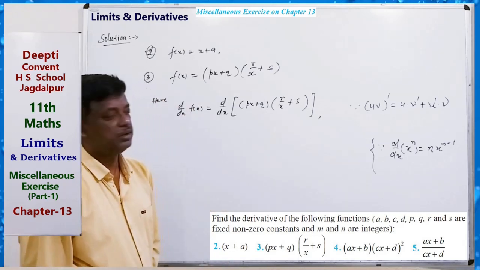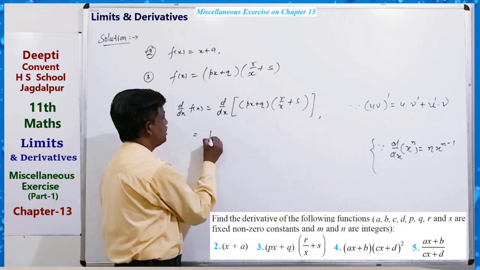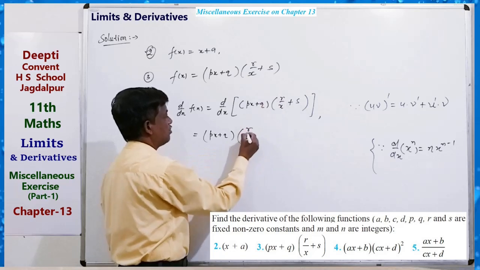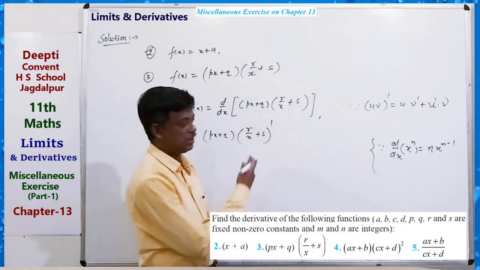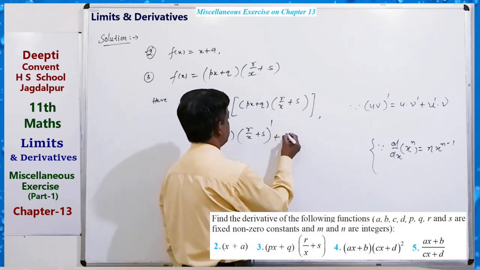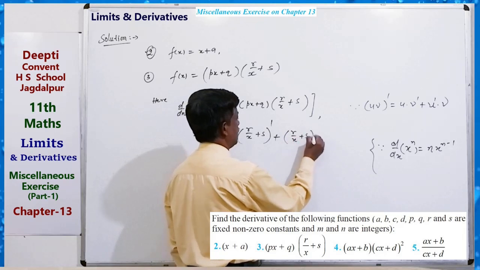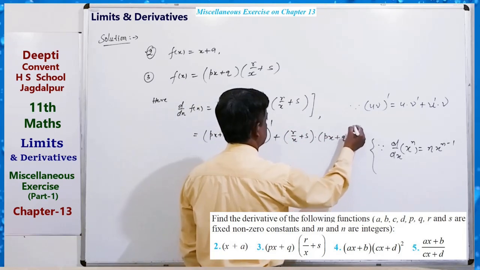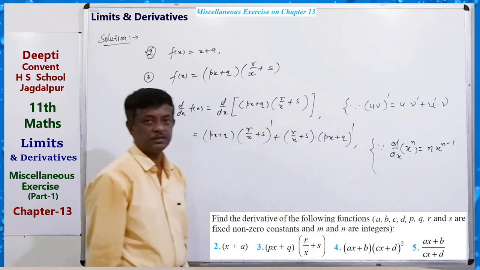This is our formula. So by the product rule, suppose this is u, then (px + q) and its derivative of (r by x + s), plus, in reverse order, (r by x + s) as it is, and the derivative of (px + q). Okay, we will use this.